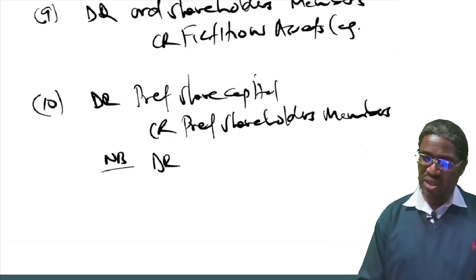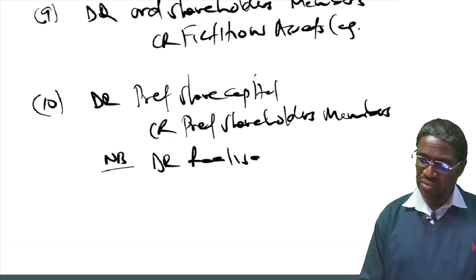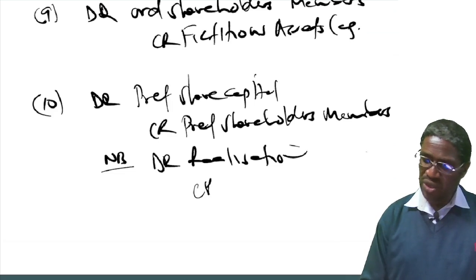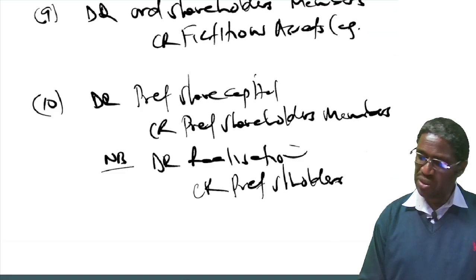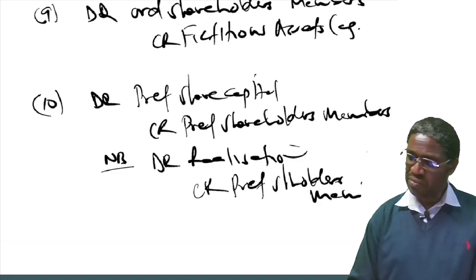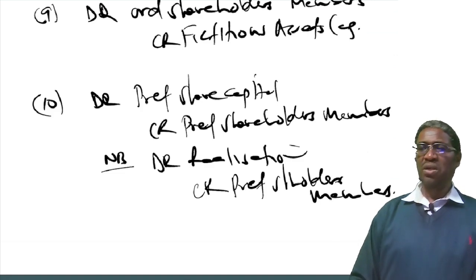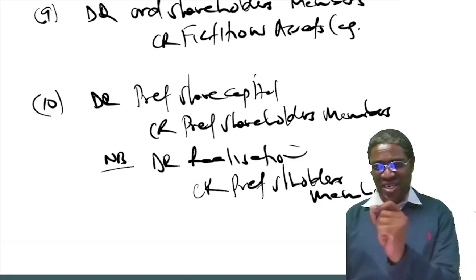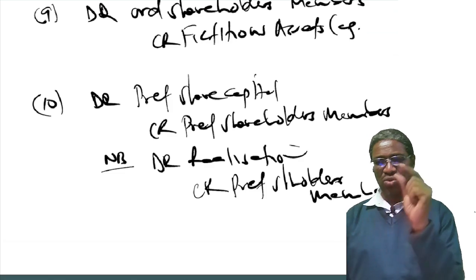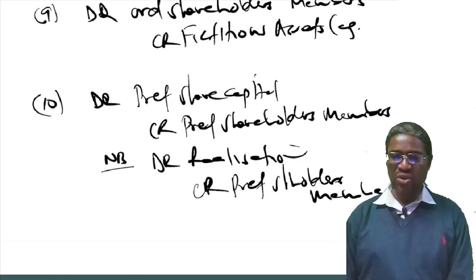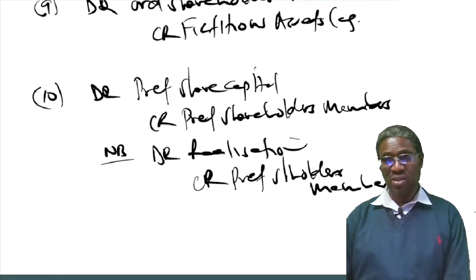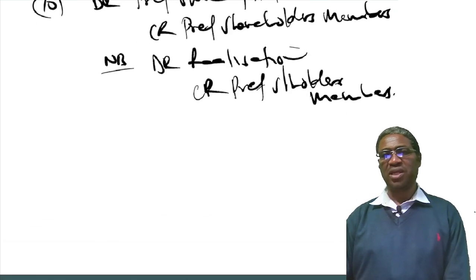We debit realization and we credit preference shareholders members. With any preference dividends in arrears, you debit realization and you credit preference shareholders members. Good. That's number 10.